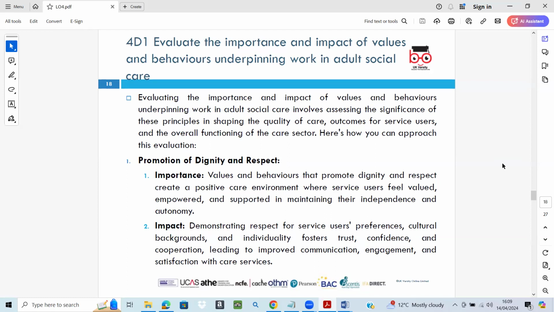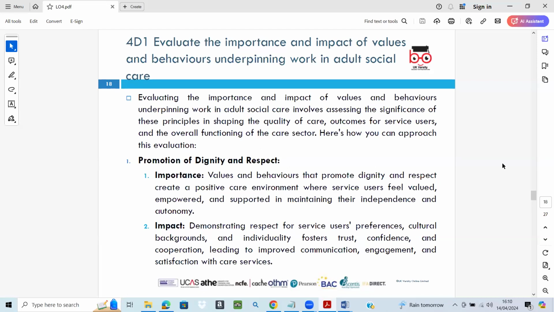When service users feel respected and their dignity is upheld, they are more likely to trust their caregivers and engage more openly in their care. This trust and open communication facilitate better care planning and delivery because service users feel comfortable sharing their true preferences and needs.